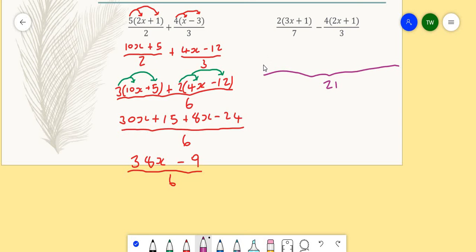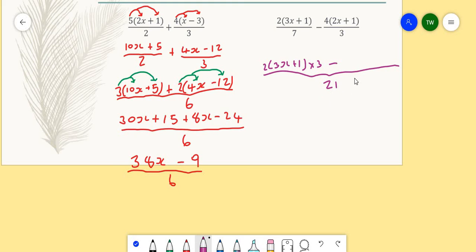So I'm going to write my numerator first, which is 2 times 3x plus 1 in bracket, and I'm going to multiply it by 3. Alright? So here, I'm going to put back my subtraction sign, and then I'm going to take this 3 to divide 21, and that's going to give me 7.